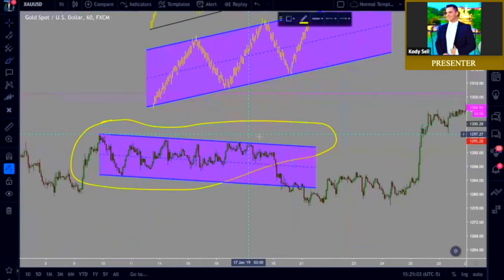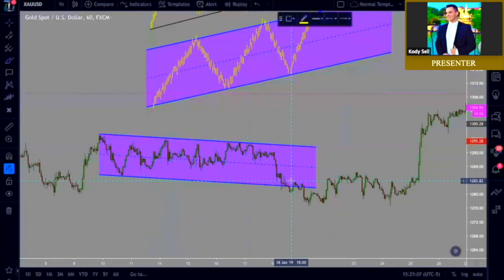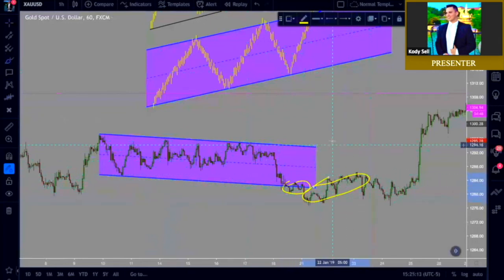You can see that around this area it got a little messy. It doesn't really give you a strong indication of the trend change at that moment. And you only got one real connection down here. It seems like all of the bottoms are somewhere else. See that?